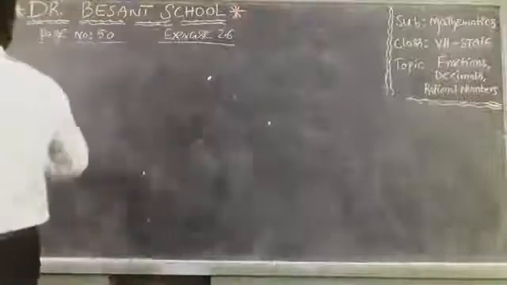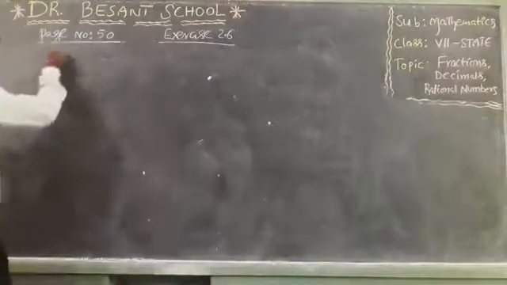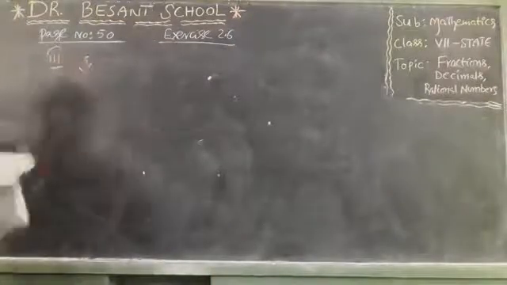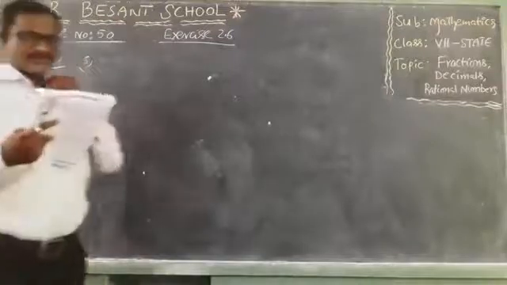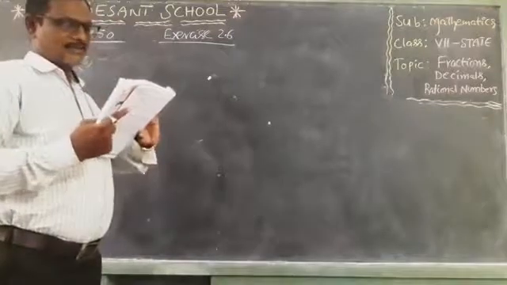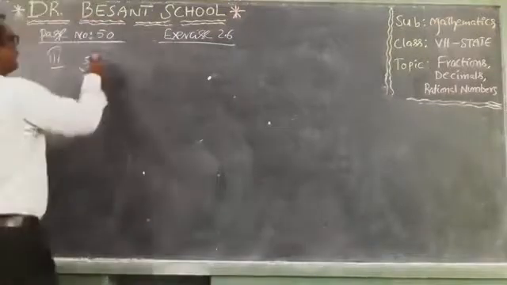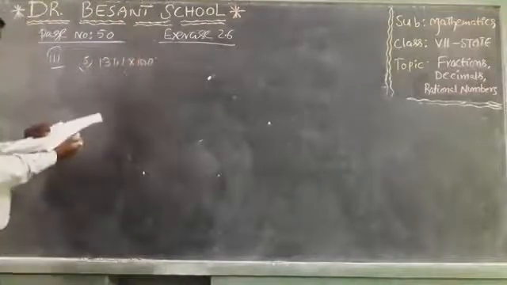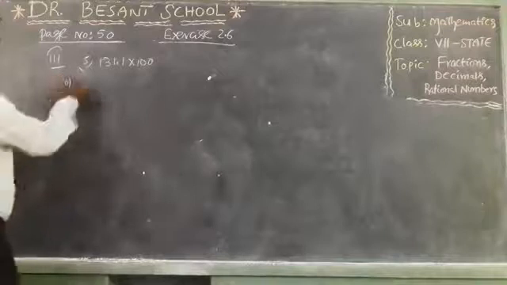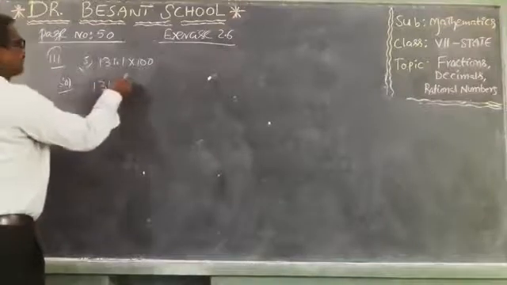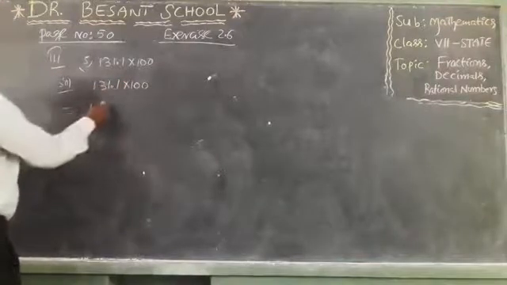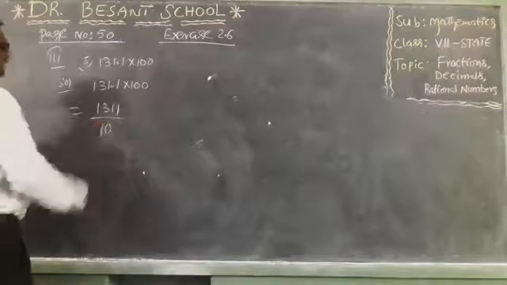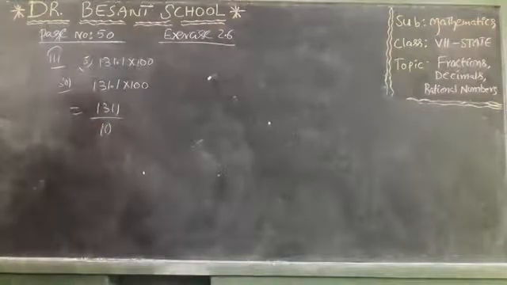See children, from the same third Roman, fifth problem. 131.1 into 100. 131.1 can be written as 1311 by 10.